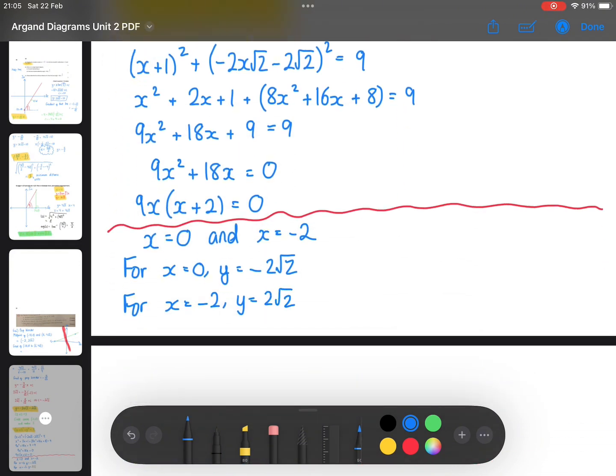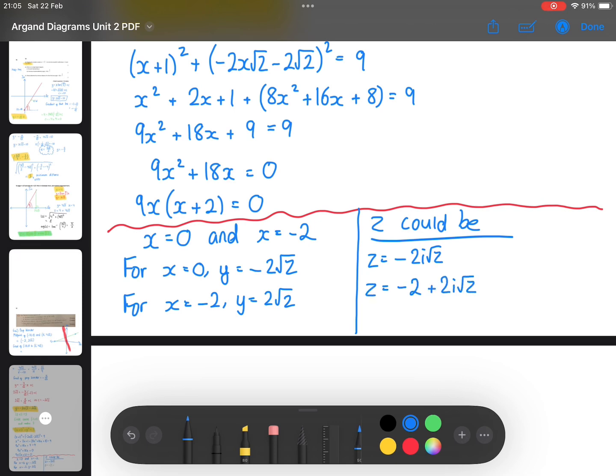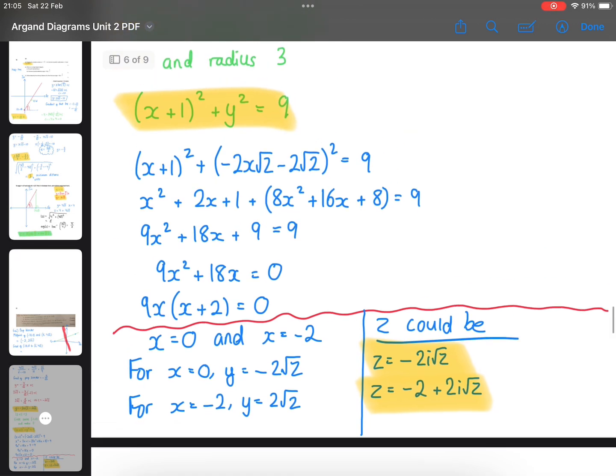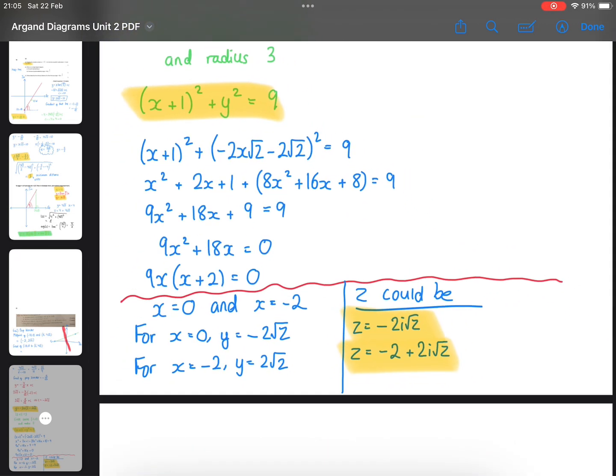And therefore, the two complex numbers that z could be are z equals minus 2i root 2 and z equals minus 2 plus 2i root 2. And those are the two possible values of z. And pretty cool, I'd say, only to give you 2 marks for all of that.